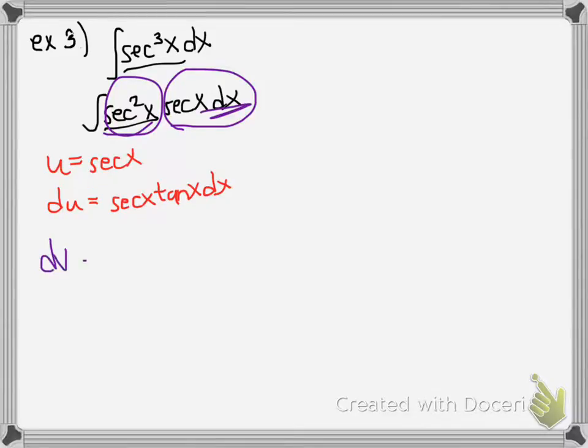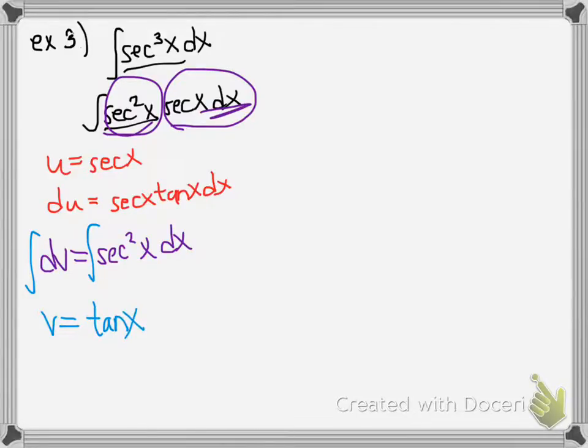So dv equals secant squared x dx, and I'm going to integrate that. Integrating that, we get v equals the integration of secant squared x dx, which is tangent x.